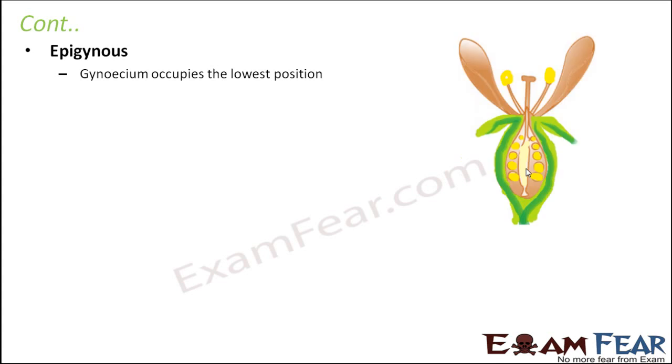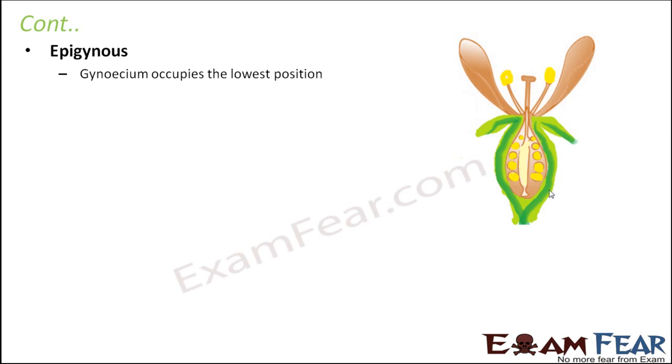The second type is epigynous. Epigynous means gynoecium occupies the lowest position, that is all other whorls will be higher when compared to gynoecium. This will look somewhat like this. So if you see here, the ovary is at the bottom. So even the sepals lie above the ovary. These are the sepals, right? So even the sepals are above ovary, the petals are above ovary, the stamens are also above ovary.